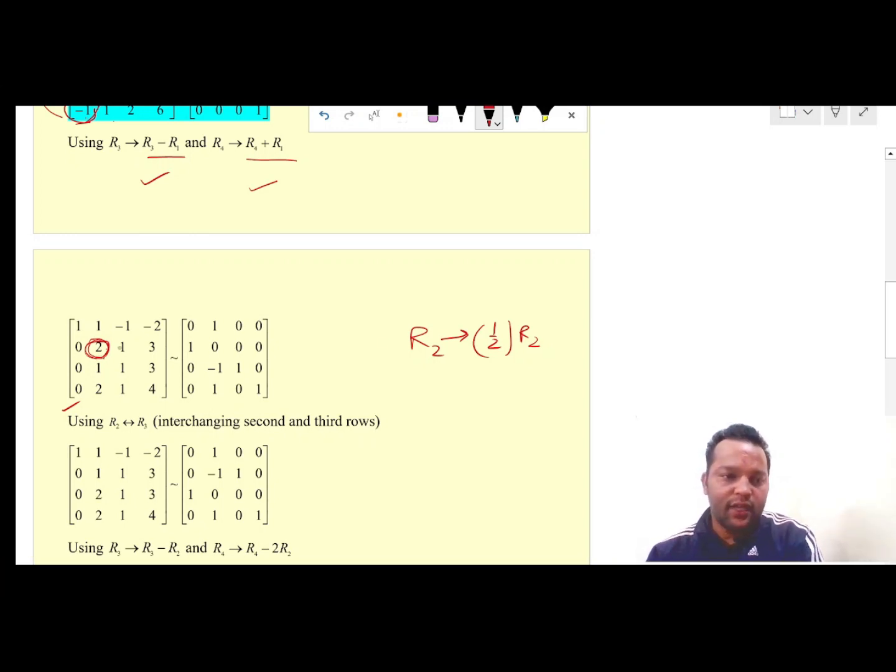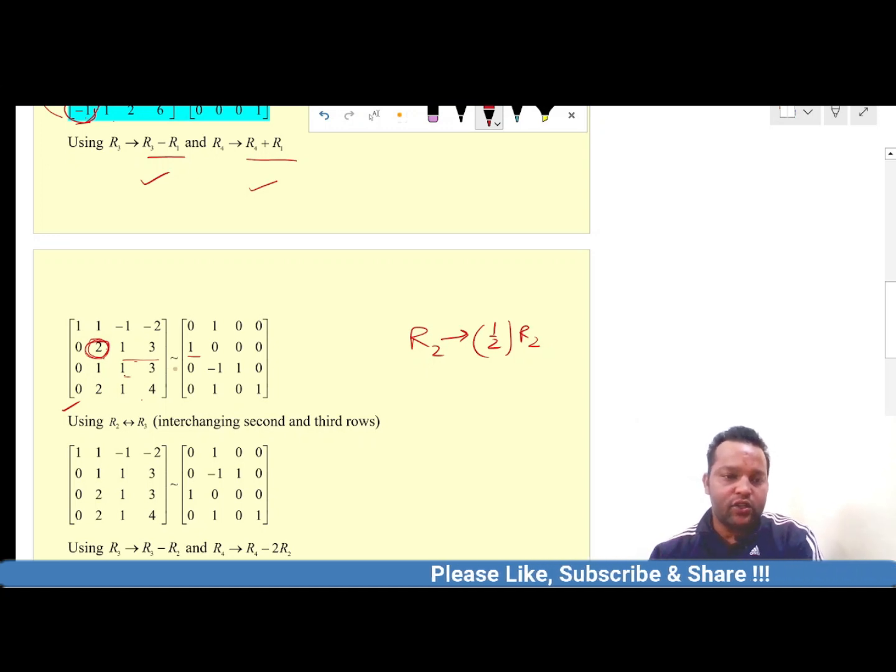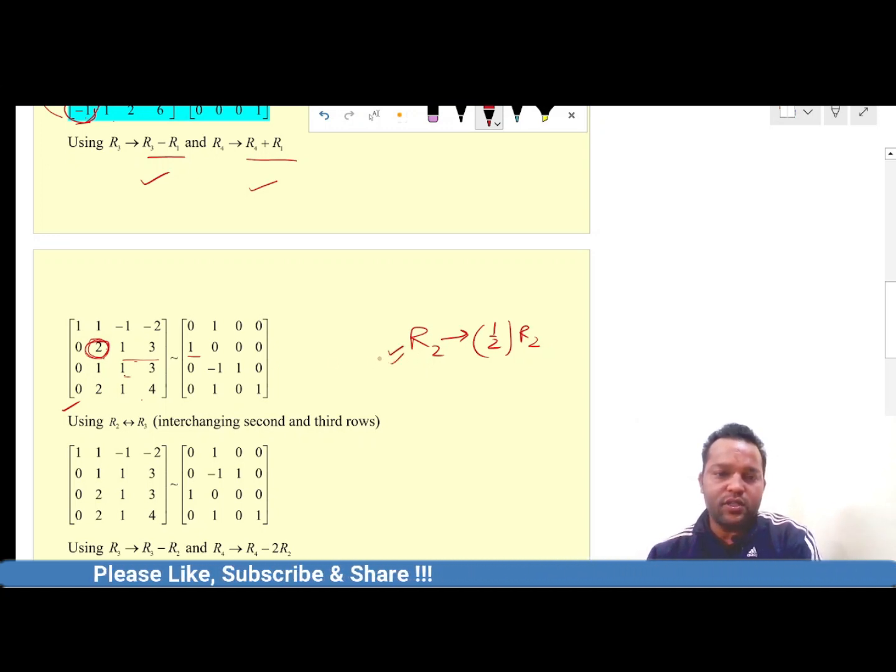But in that case these entries will have fractional numbers, and in order to simplify the remaining elements we would have to perform addition and subtraction of fractional numbers, which is in general to be avoided as much as possible. So we have not used this operation here.